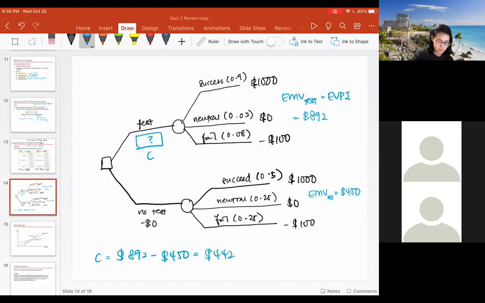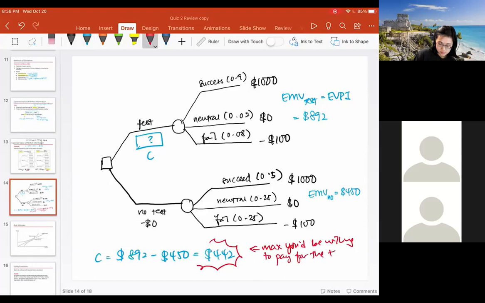So this right here is the max you'd be willing to pay for the test to bring your EMV up to 892.